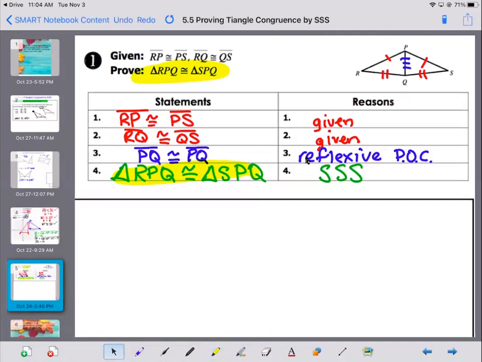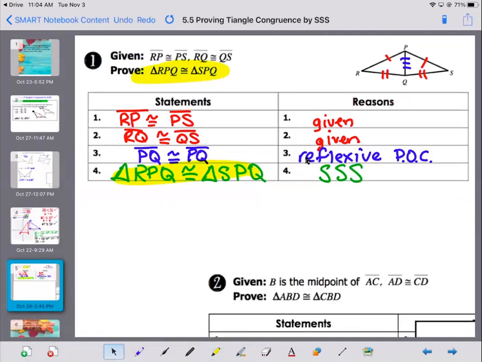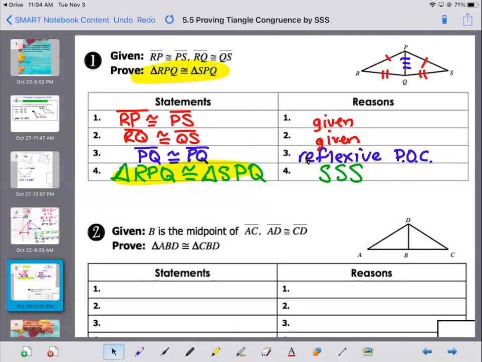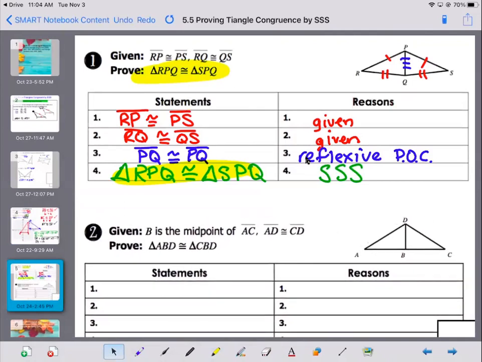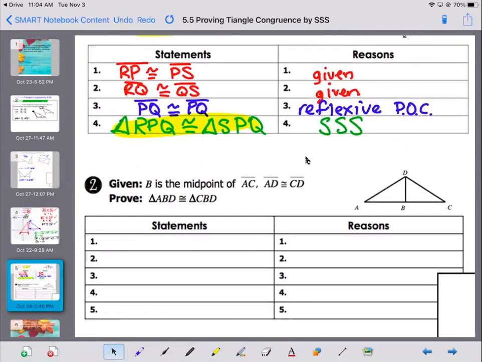Okay, on proof number 2, we're going to do a very similar thing here. This time we're going to use our definition of midpoint, right? Because you see it is giving us a midpoint. So go ahead and write down your two givens.